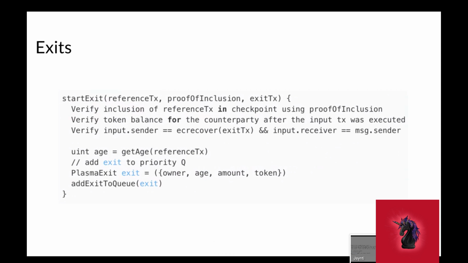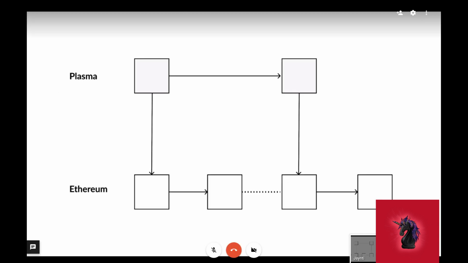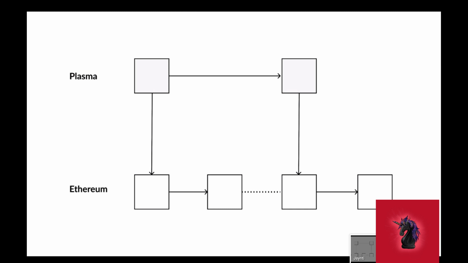So currently this is normal Plasma. If you see here, we have multiple Plasma blocks. It pushes the commitment on the Ethereum Plasma root contracts. The problem here is that you can't push multiple Plasma blocks on the Ethereum chain.